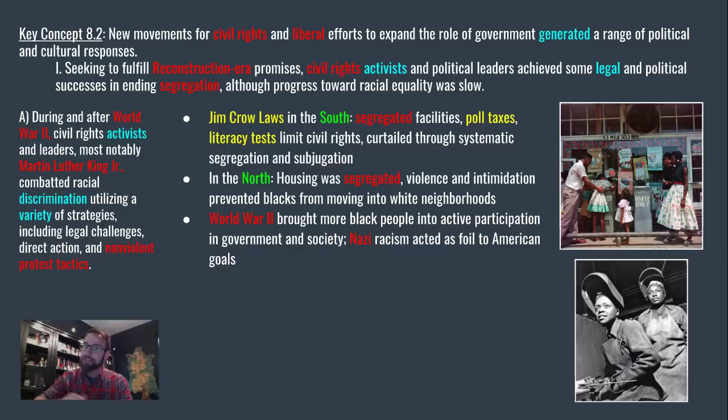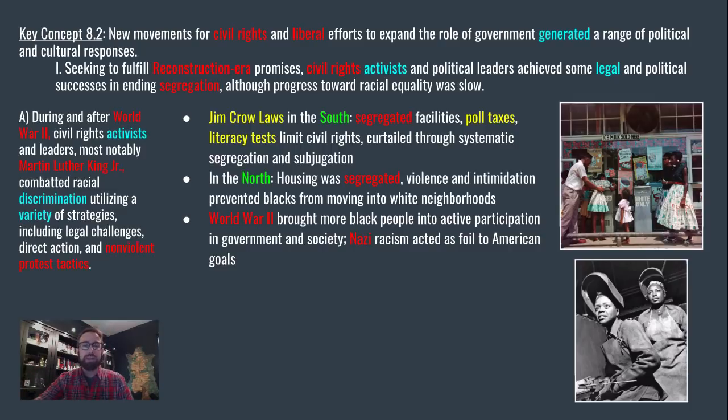But that had unintended consequences in the African American mentality. They looked at what was happening and said, doesn't this mean that if we can be desegregated and involved in our country during this time, why can't it happen during peacetime as well?